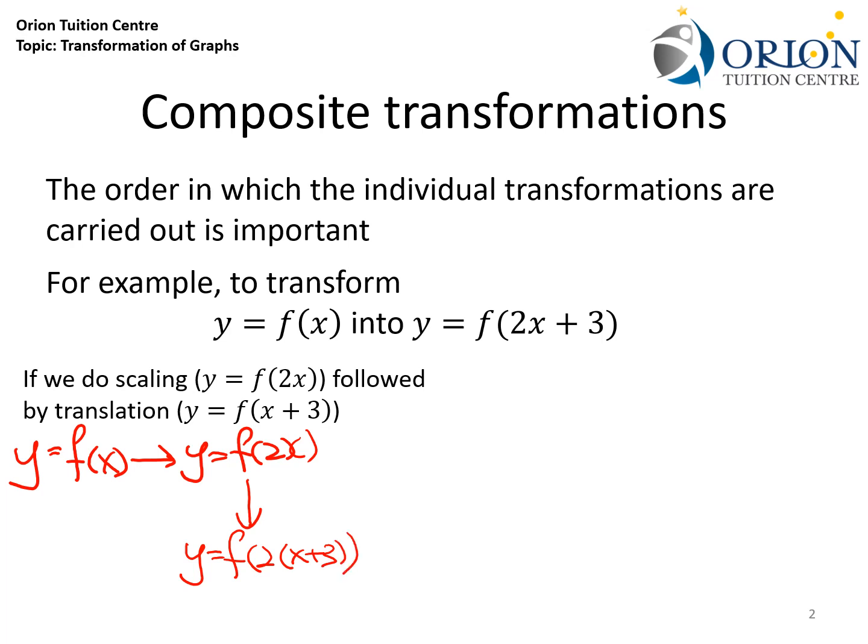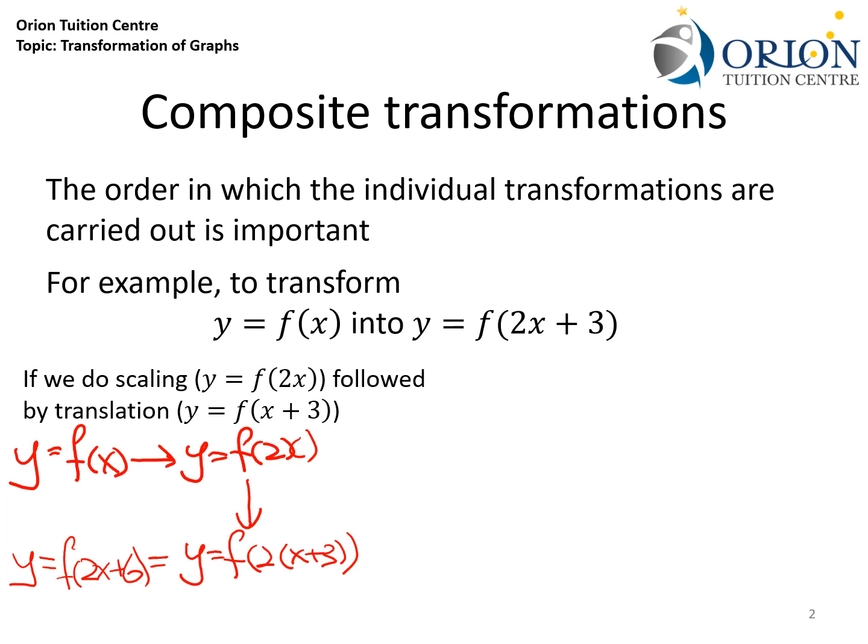However, note that the x + 3 is only going to replace the x alone instead of the entire function. Therefore, this is going to become y = f(2x + 6), which is not the correct one that we intended.